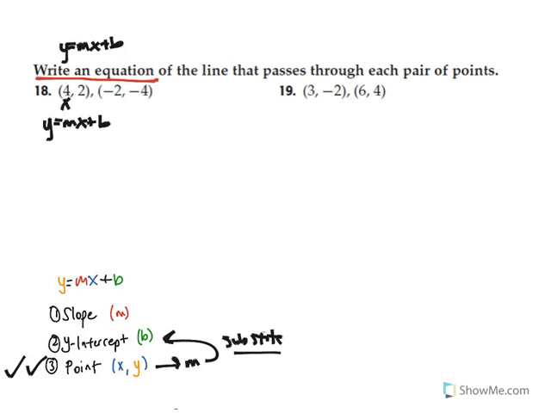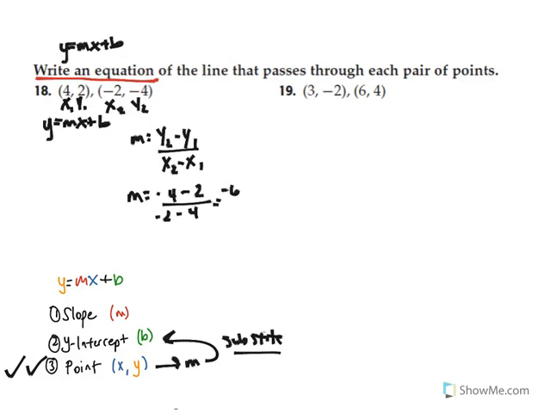So first, let's use the 2 points they give us here to find the slope. y2 is negative 4 minus y1, which is 2, over x2, which is negative 2, minus x1, which is 4. I do the math. Negative 4 minus 2 gives me negative 6. Negative 2 minus 4 gives me negative 6. This reduces to 1. Slope equals 1.